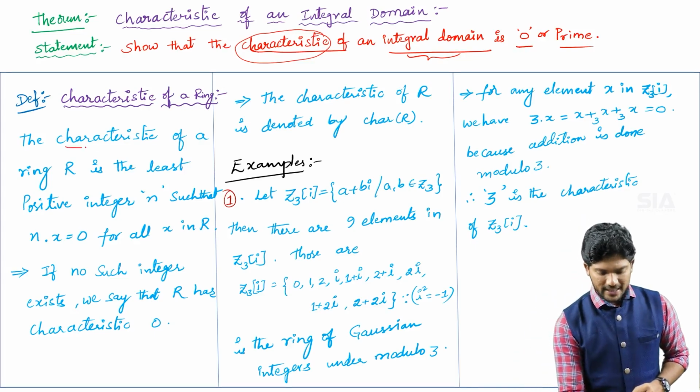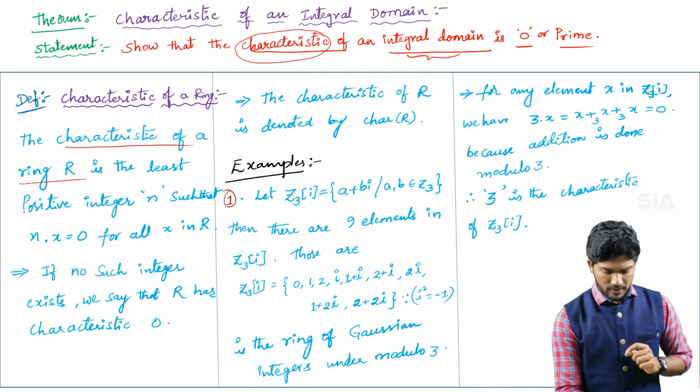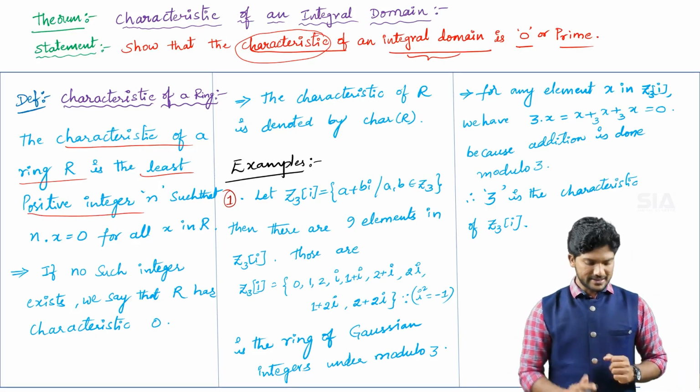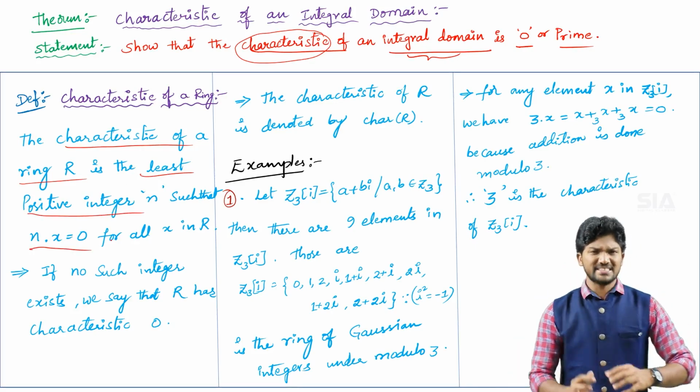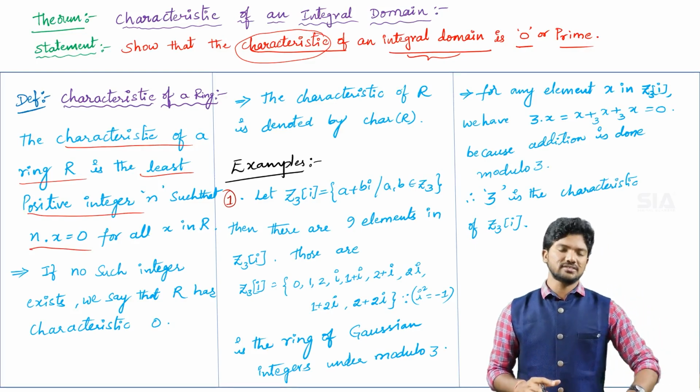So the characteristic of a ring capital R is the least positive integer small n such that n into x is equal to 0 for all x in capital R. That is the definition.